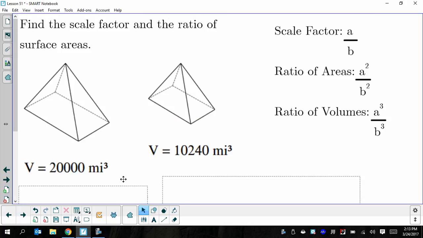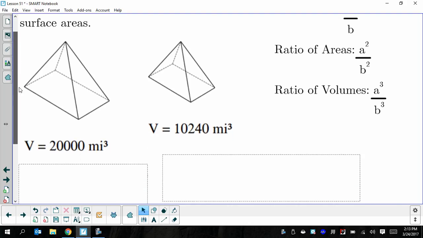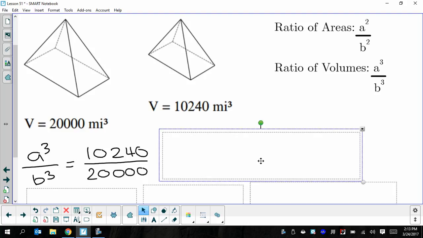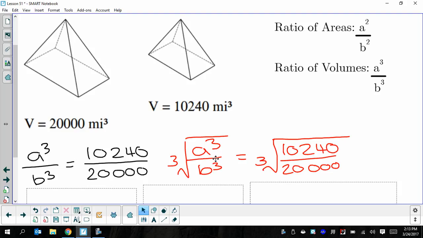I can do the same thing if I'm given the volumes. I can find the scale factor and the ratio of surface areas. I can write the ratio of volumes. That's equal to A cubed over B cubed. Then I can cube root both sides. If I cube root a cube, it cancels.